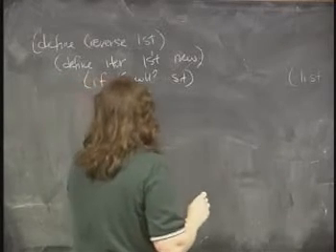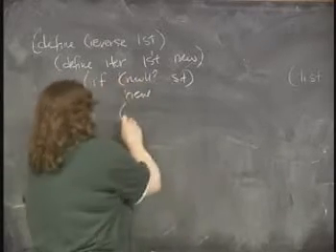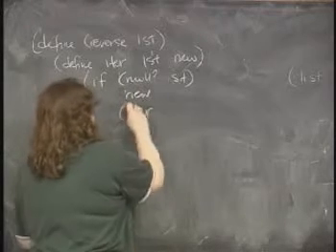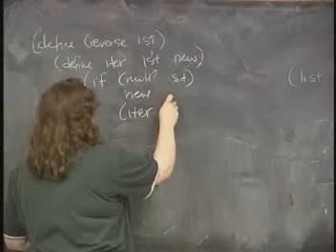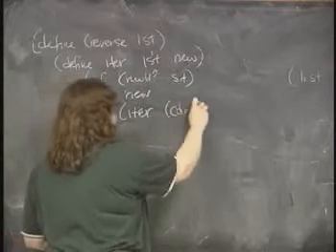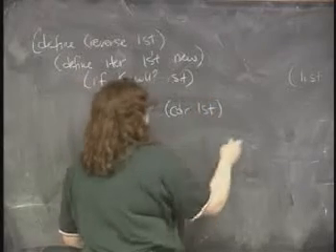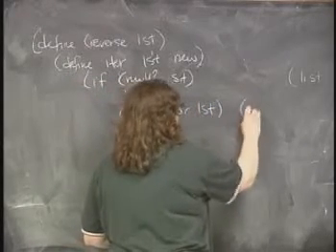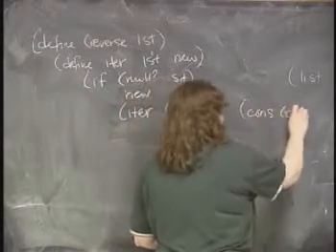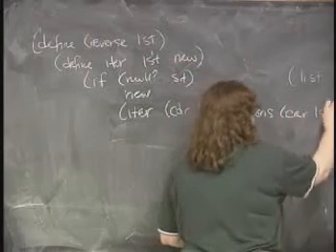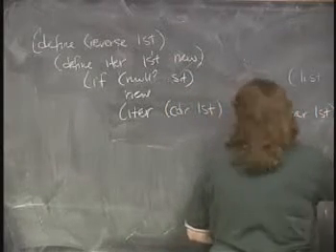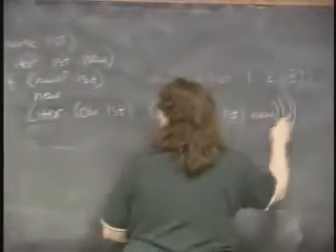So let's say we call iter at this point. The first thing, we're going to take the cdr of the list, and then cons the car of the list to new. 2, 3, 4.